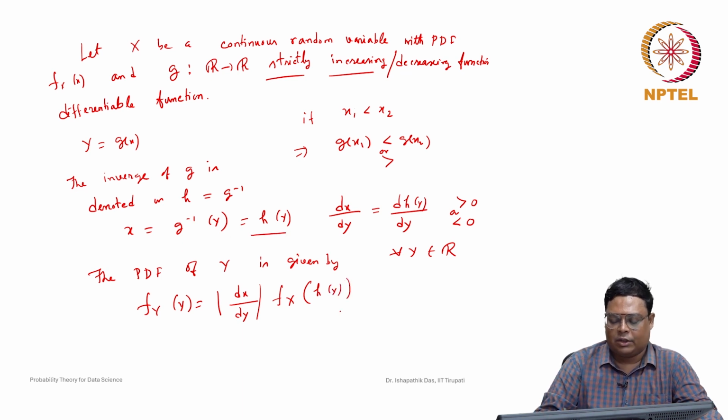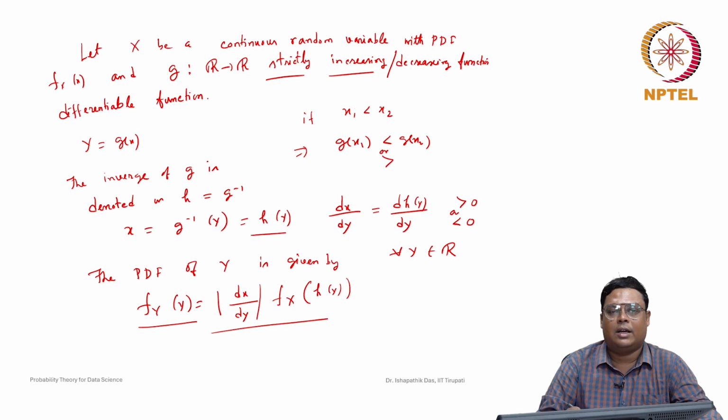So this will be a function of y. So this probability density function f_Y(y) can be found using the probability density function of X in this relationship. This is the theorem.